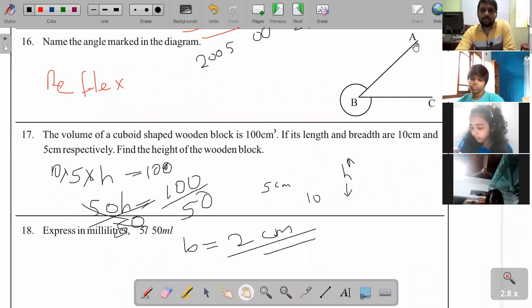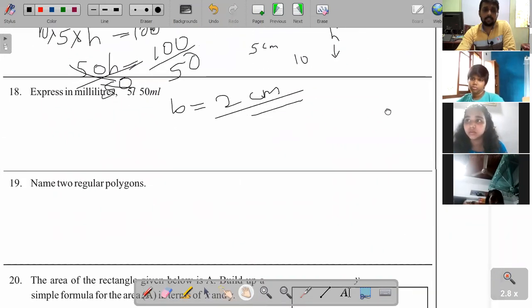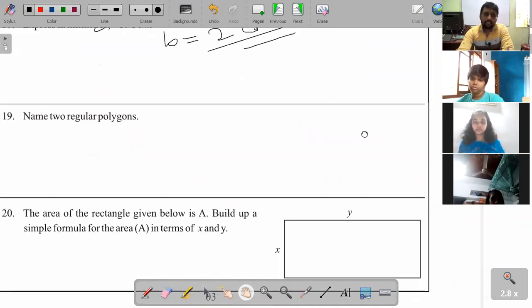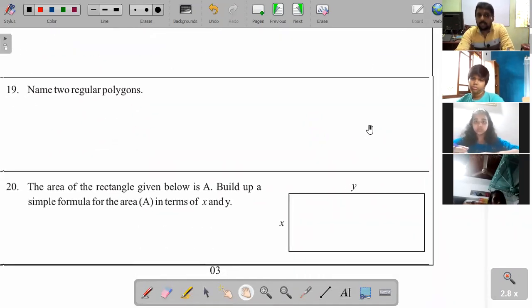Okay, then I am going to question number 19 and 20. Look at question number 19. Name two regular polygons. You have to write the names. What are the two regular polygons? The one polygon is square. Right?